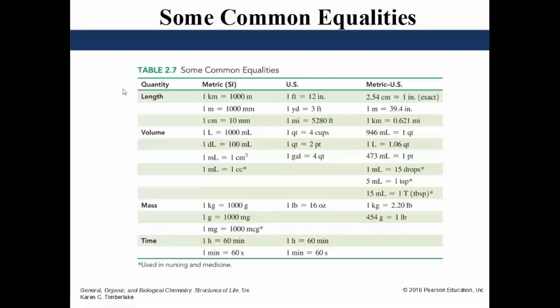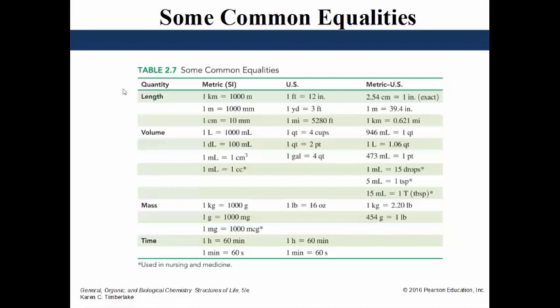There's no pattern to it, which is exactly the opposite for the metric system, where everything is based on a power of 10. 10, 100, 1,000, 1 100th, 1 1,000th. It's all based on just moving a decimal place, either left or right. For the English system, it gets a lot more confusing, so it's very easy to get confused when you're trying to express different measurements in different units.